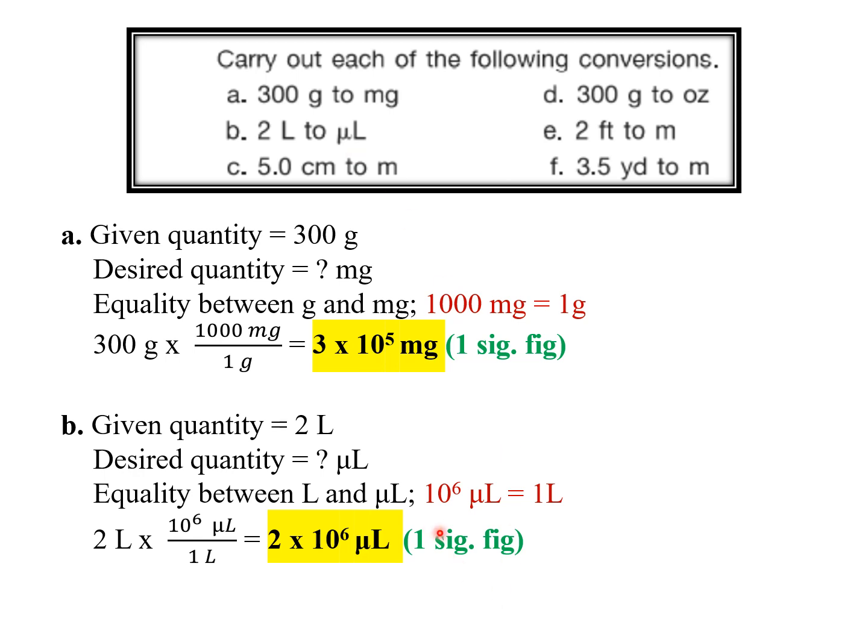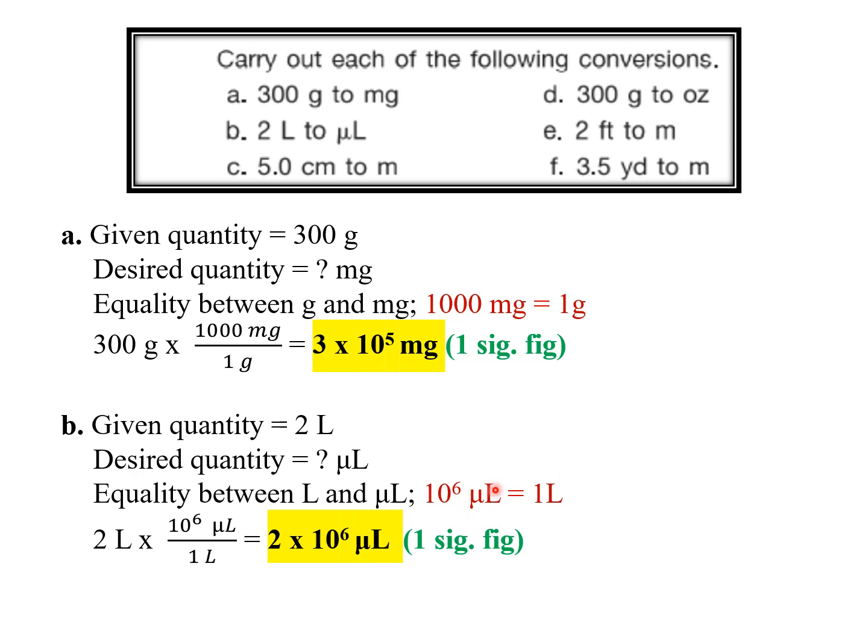So 10 to the power minus 6 liters is equal to 1 microliter. Another way we can write it: 1 liter is equal to 10 to the power plus 6 microliters. Microliter is the smaller unit, liter is the larger quantity, large volume. So 10 to the power 6 microliters is equal to 1 liter. Another way, 10 to the power negative 6 liter is equal to 1 microliter.